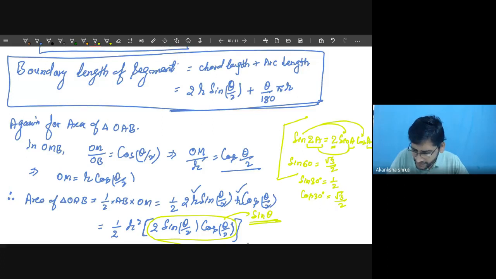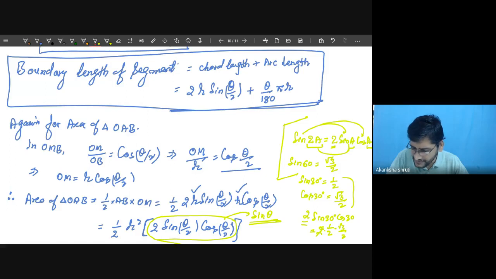And then if you take twice sine of 30 degree, cos of 30 degree, these two I have calculated separately, then I am calculating this part. What does it become? The 2 is already here, so that 2 you please take. Then sine 30 is 1 by 2, cos 30 is root 3 by 2.